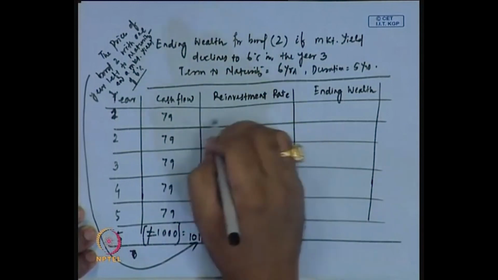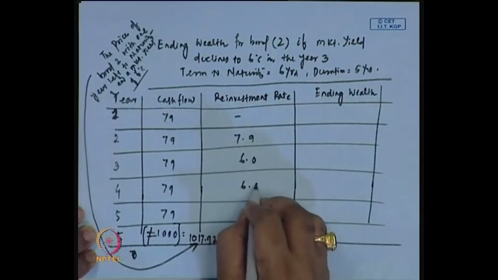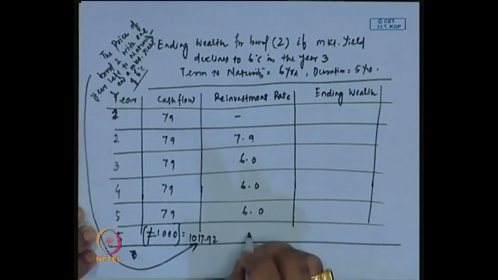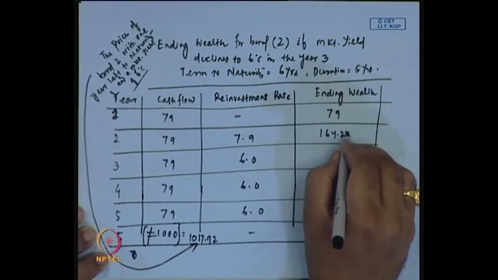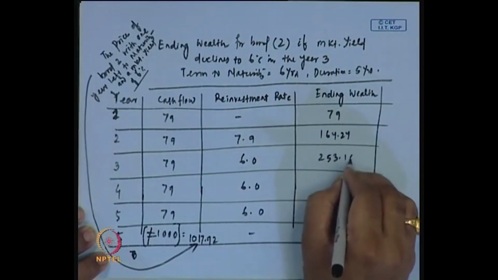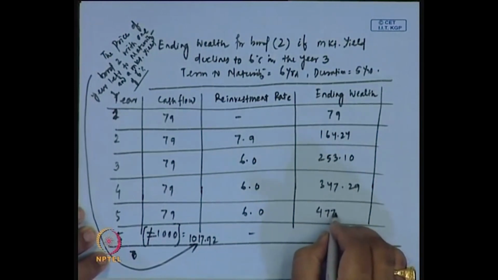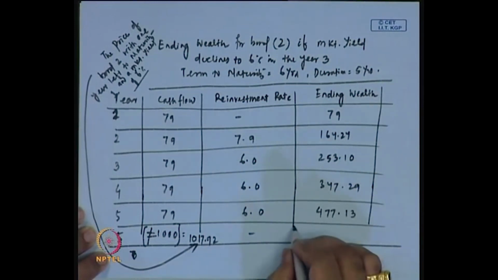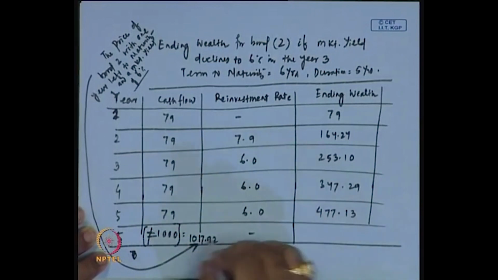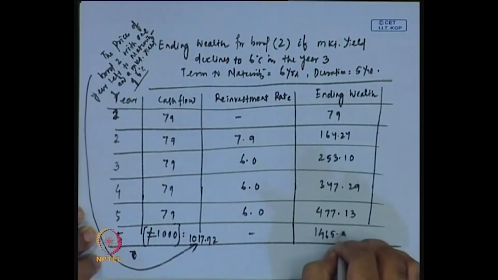So, the reinvestment rate is 7.9%, here it is 6.0, here it is also 6.0. Then the value is 79, the same, 164.24, 253.10, 347.29, 477.13, but finally, the value of this plus this will give you 1465.05.